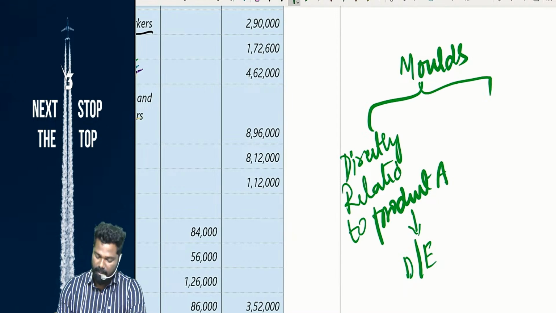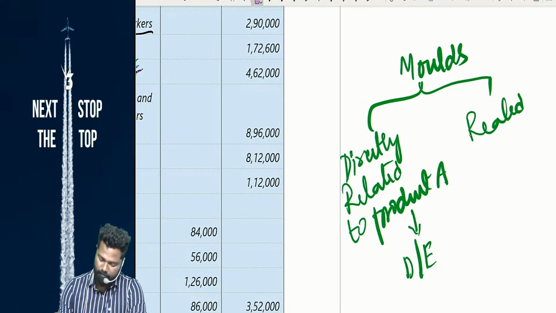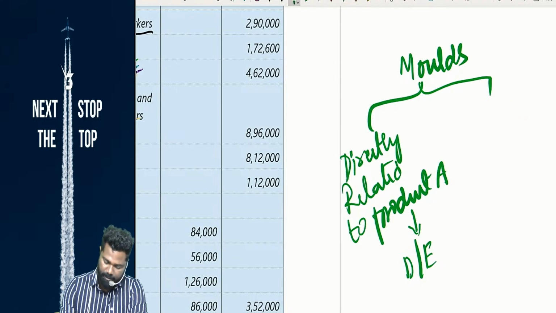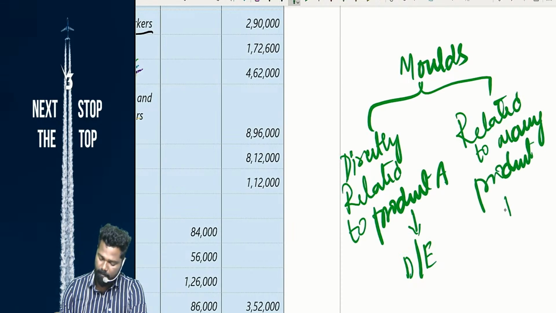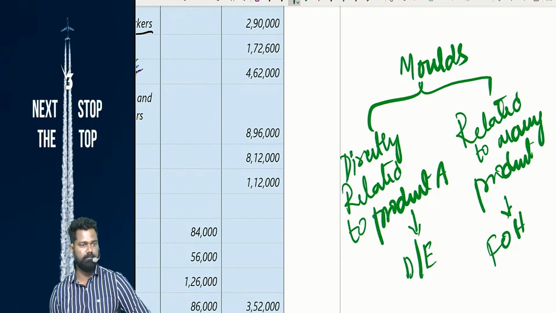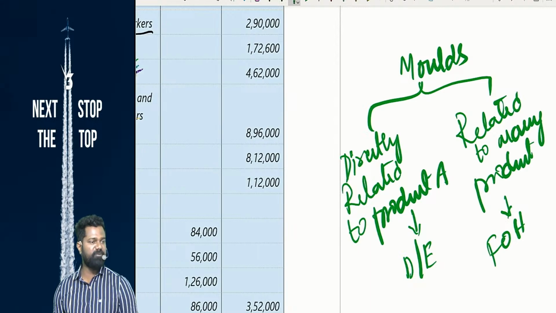Clear? If related to many products, then what will happen? It will come under factory overheads. Any doubt on this?